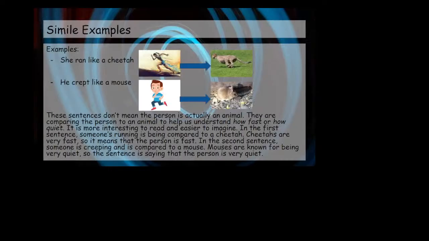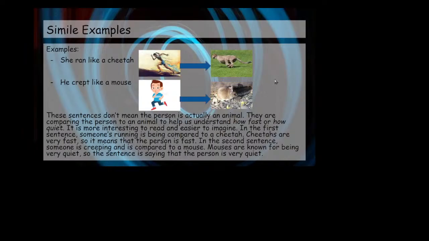Some more examples of similes are she ran like a cheetah, or he crept like a mouse. Here is a picture of a girl running, and here is a picture of a boy sneaking. Here is a picture of a cheetah, and here is a picture of the mouse. There are arrows here saying that the girl is being compared to the cheetah, and the boy is being compared to the mouse.